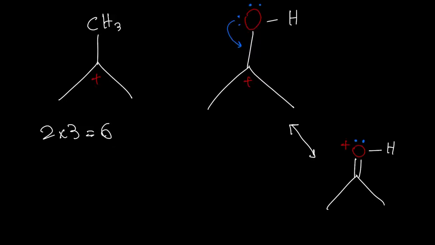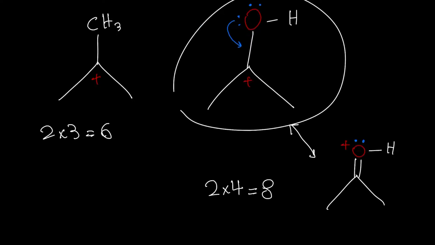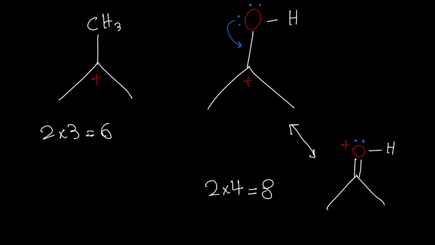However, on the right side, you can see that the carbon has 1, 2, 3, 4 bonds and has no lone pairs. So if it has 4 bonds and each bond is made of 2 electrons, it means it has 8 electrons in total. So the right side structure has a resonance structure that obeys the octet rule, and so it's going to be more stable than the example on the left, where it cannot obey the octet rule.